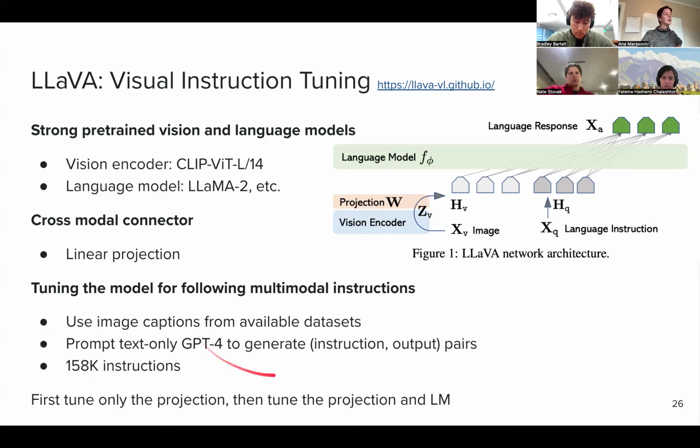So here, details are maybe a little bit over our heads. I will just mention that creating a great instruction dataset for vision and language is harder than for language alone, because there are way fewer resources already out there. So these authors used GPT-4 to generate some of this instruction data by giving it some image captioning data and prompting it to generate an instruction, as well as some output for that pair.